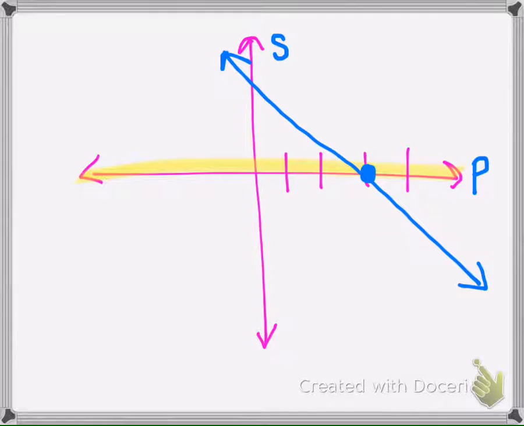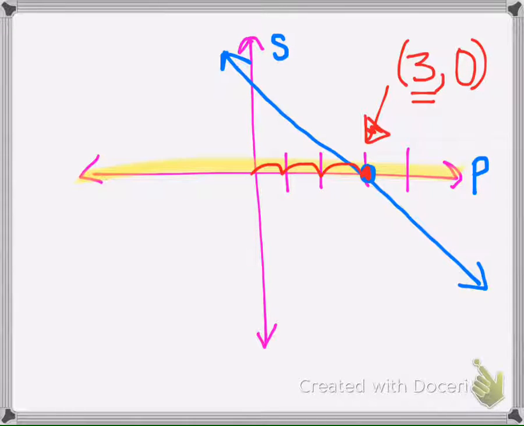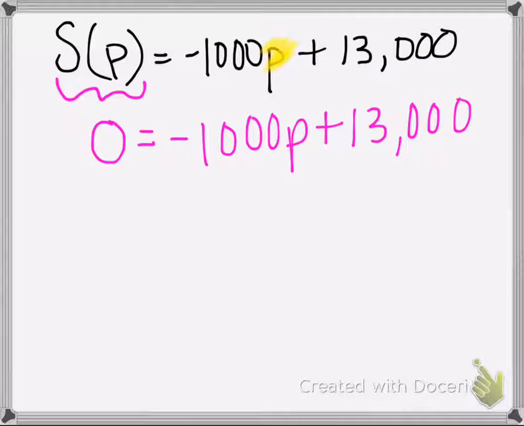If I read this ordered pair to you, right there, this ordered pair is at 3, 0. So we move over on p, we move over 3, so that's what we're trying to figure out. Where does it cross? So we need to figure out what our p-value is when the s is 0. So that is why we're going to plug in a 0 here.